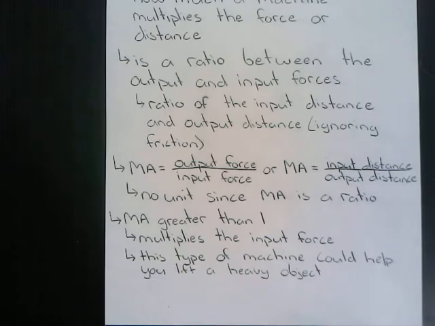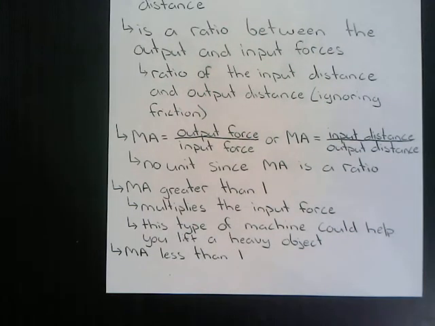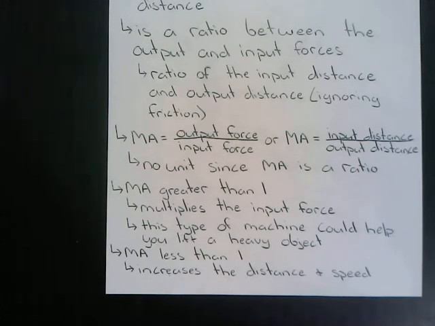Now, if the mechanical advantage is less than 1, there's some different things we have to talk about. What a mechanical advantage of less than 1 allows us to do is increase the distance and speed of some moving object, and it's going to reduce the force required to move an object.